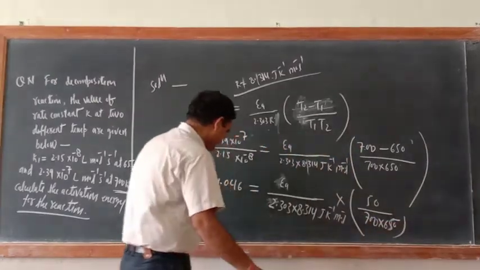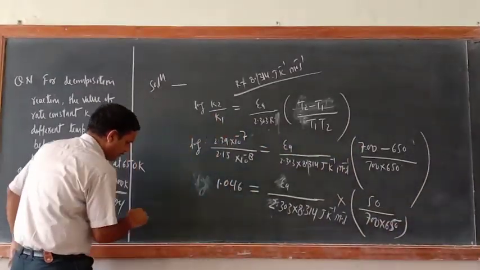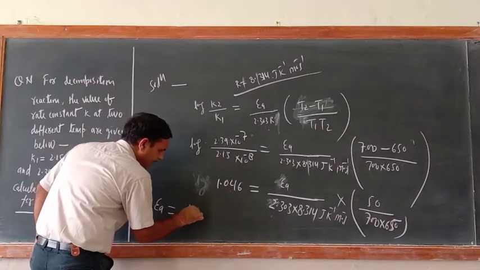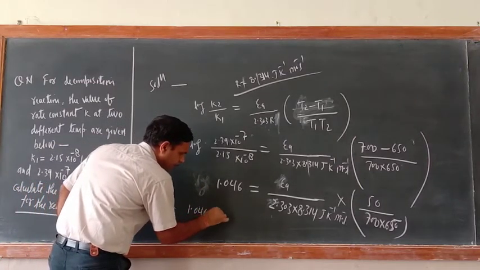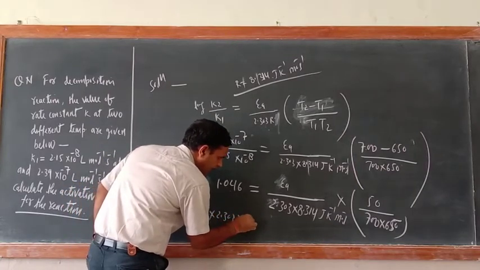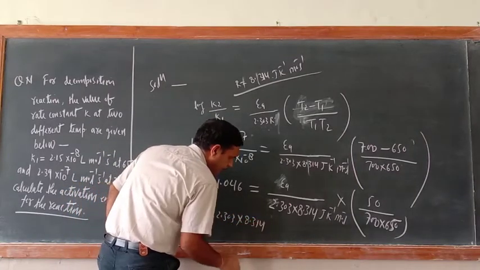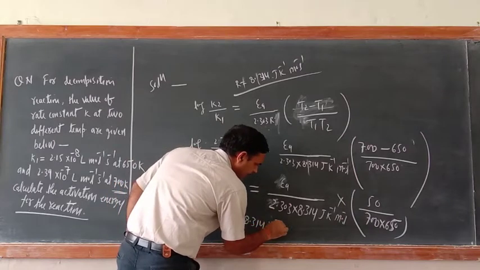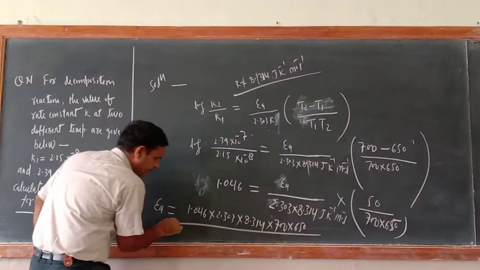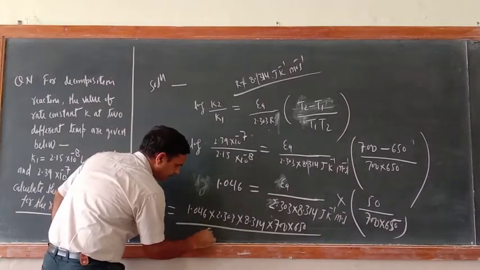Now just see. EA equal to 1.046 into 2.303 into 8.314 into 700 into 650 divided by 50 here.